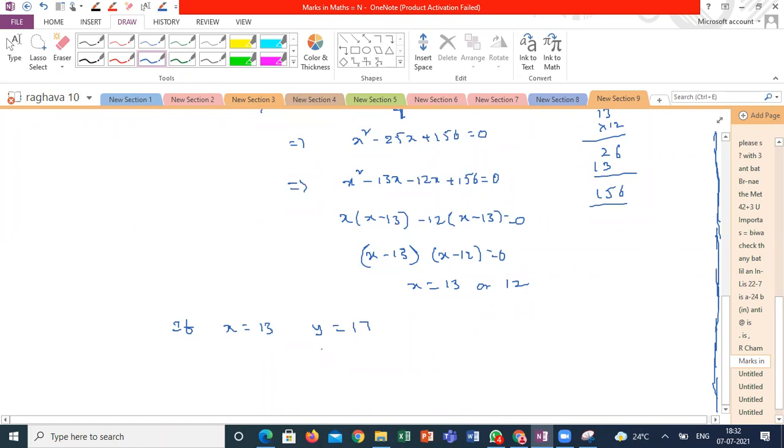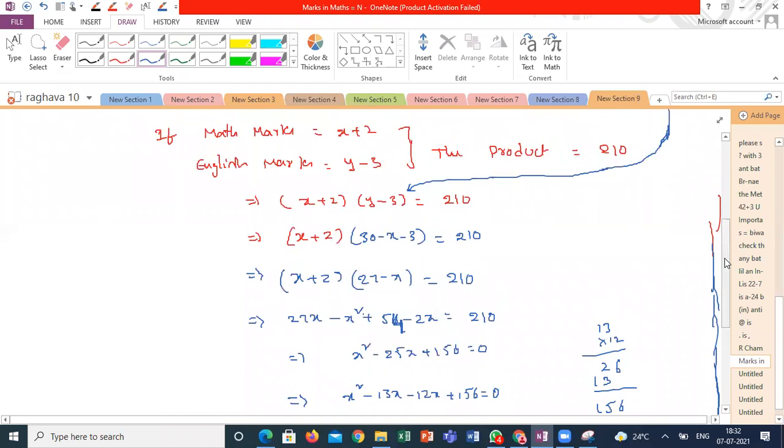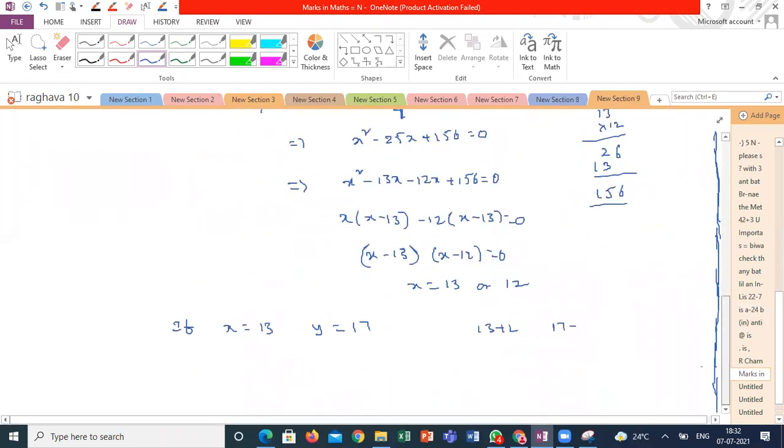So if the marks are changed, 13 plus 2 is 15, 17 minus 3 is 14. How much do you get? The product is 150 plus 60, 210. So the product is 210. So yes, x is equal to 13 is a possible combination.